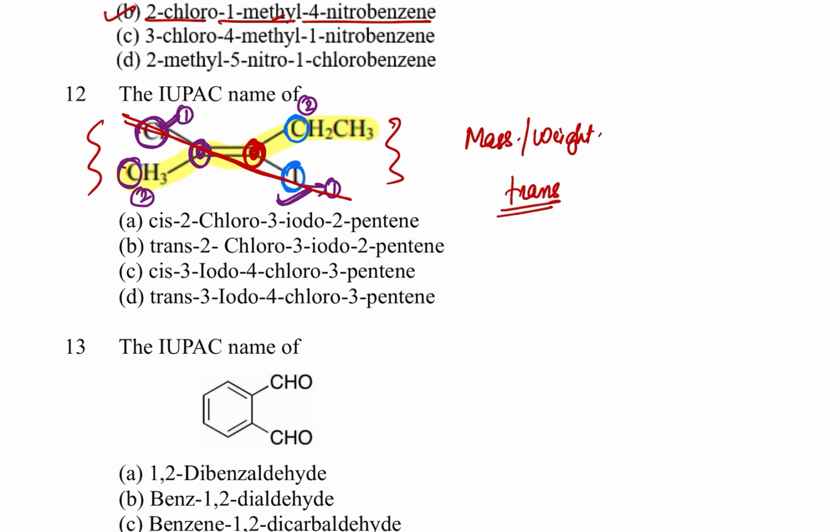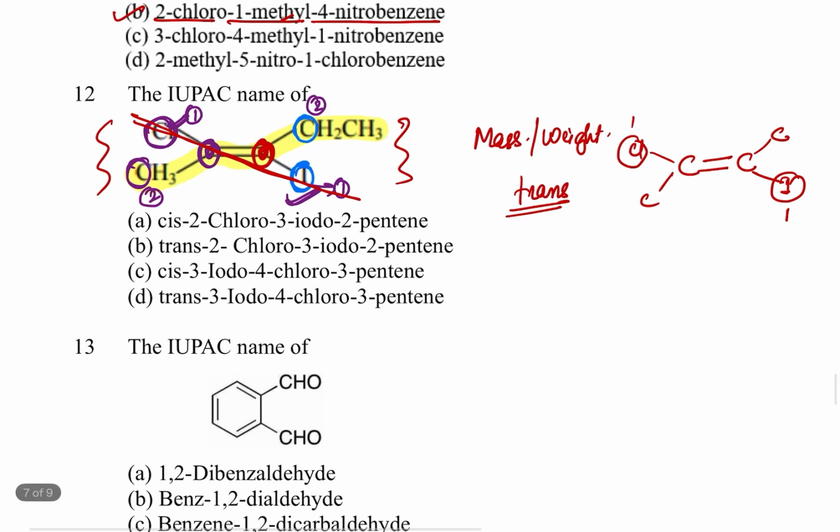This is the double bond, this side iodine, this side chlorine, this side carbon, this side another carbon, sorry, not chlorine, it's carbon. So this gets more number, this gets more number, so both the 1 are in opposite direction. This is trans form. So all the cis we can cancel out. Done this much. So we know the answer should be in the trans form.